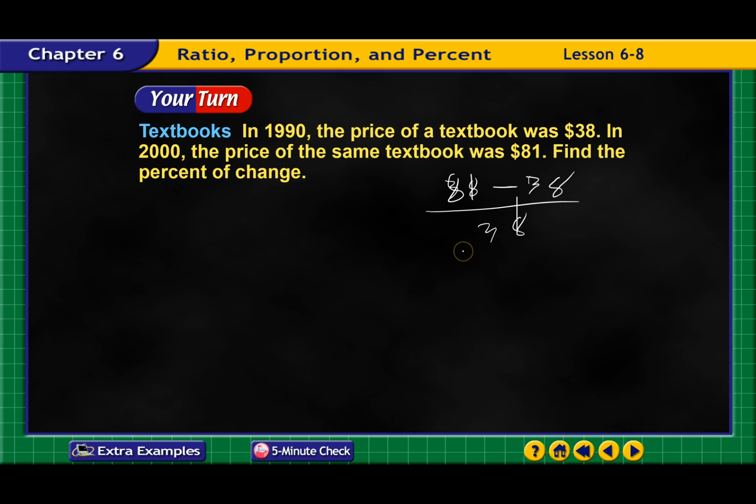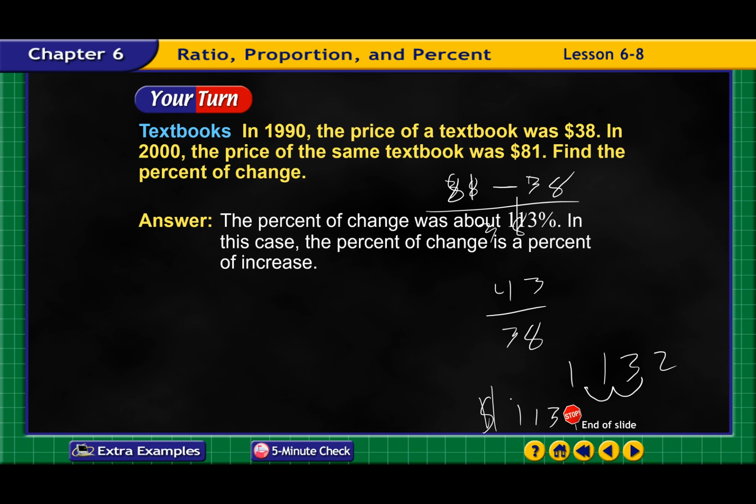So 81 minus 38 is 43. It's going to be 43 over 38. And divide those together, I get 1.132. So we move that over 2 spaces, and that'll give me 113% approximately. Yep, 113% change would be an increase.